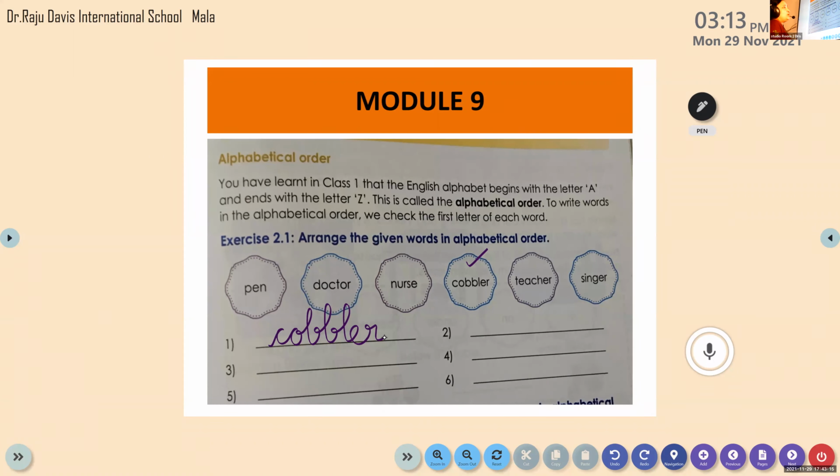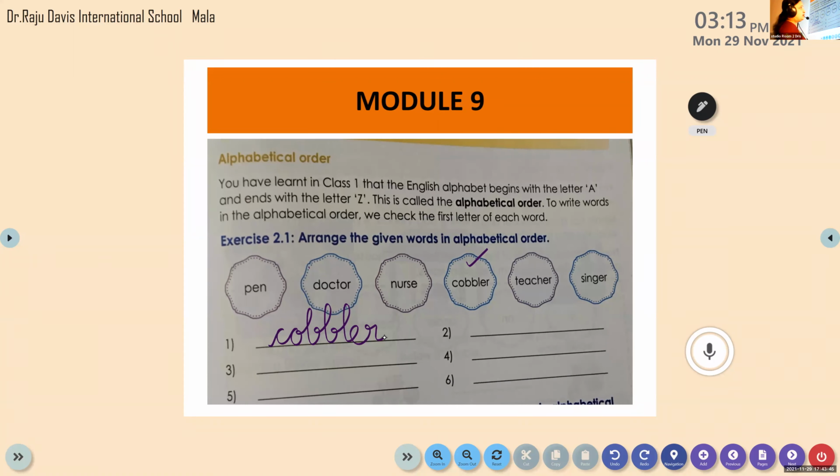The correct word to be used is mends or repairs shoes is called a cobbler. Understood, Abel? And a person who stitches clothes is called a tailor. Understood the difference between the usage of both the words? Okay, my dear. Good. Thank you, Abel.